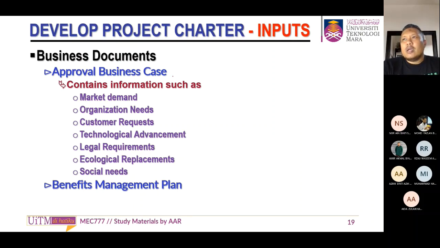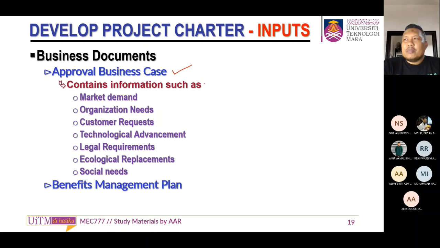One, we call it the approved business case. This must be approved first before we start. So when we develop the project charter, we must get permission first. We are not just doing the project charter for fun, without any clear direction, for example.